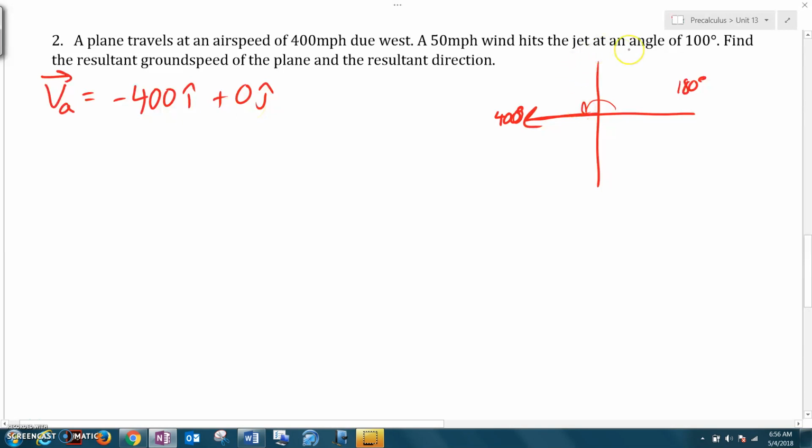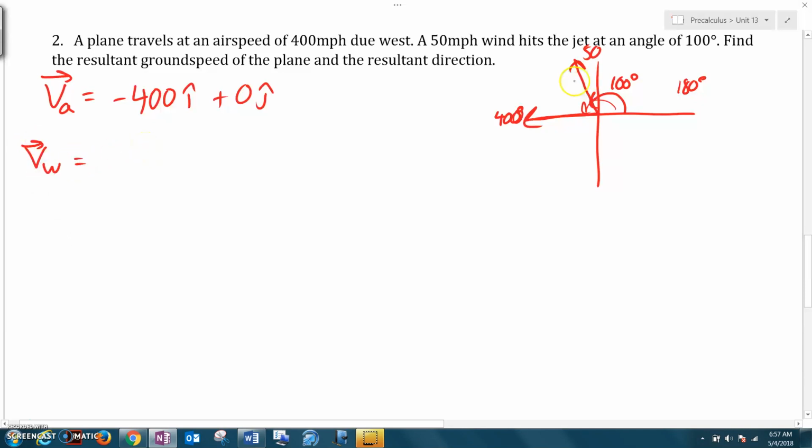All right, we also have wind hitting the jet at an angle of 100. So this is 100 degrees right here, which means it's going to be pushing it a little bit more up. Now that probably shouldn't have been as long, because it's only 50 miles per hour, so it should be shorter, but that doesn't matter right now. So we need a vector for the wind.